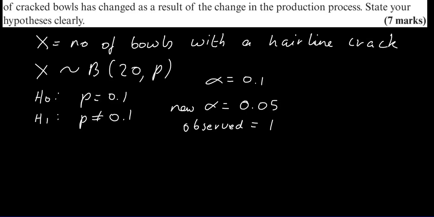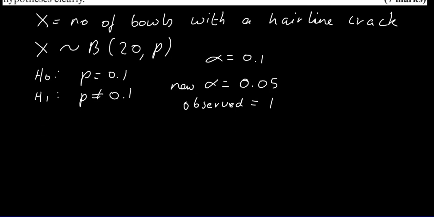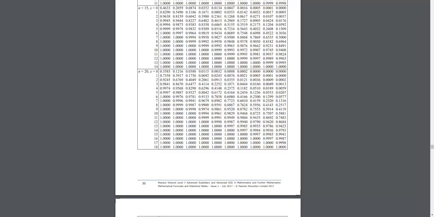Because this is a two-tailed test, I'm going to work out 2 probabilities: the probability that x is less than or equal to 1, and x is greater than or equal to 1. So let's work this out for a binomial 20 and 0.1 distribution. We are looking in n equals 20, the 0.1 column. Less than or equal to 1 we can see here is 0.3917.